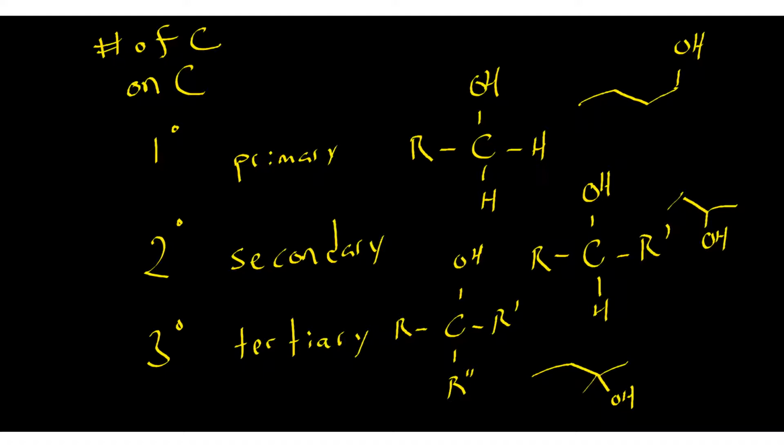If there's one carbon on that, it's a primary alcohol, so the hydroxide group is coming at the end of the chain. If there are 2 carbons, then it's a secondary alcohol. Your hydroxide group is in the middle of the chain. And if there are 3 carbons bound to your hydroxide carbon, then it's a tertiary alcohol. It's at the middle of a branch.